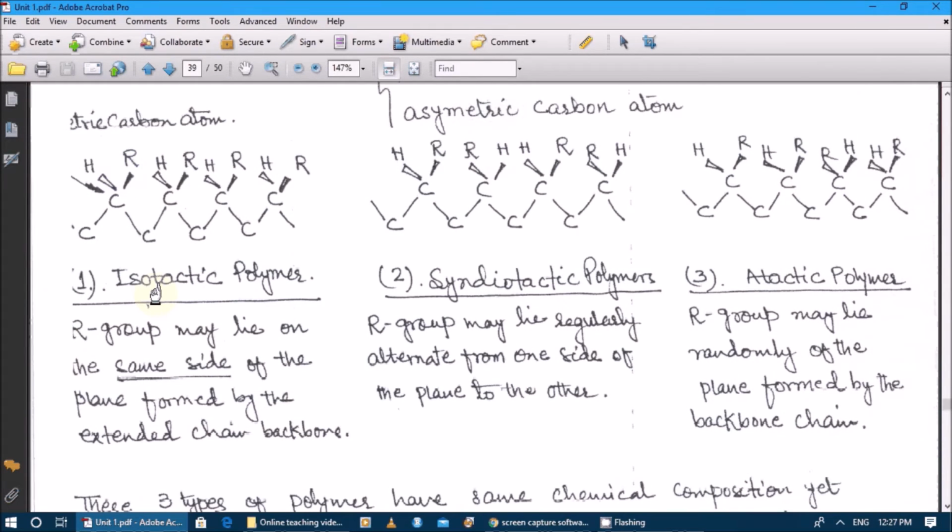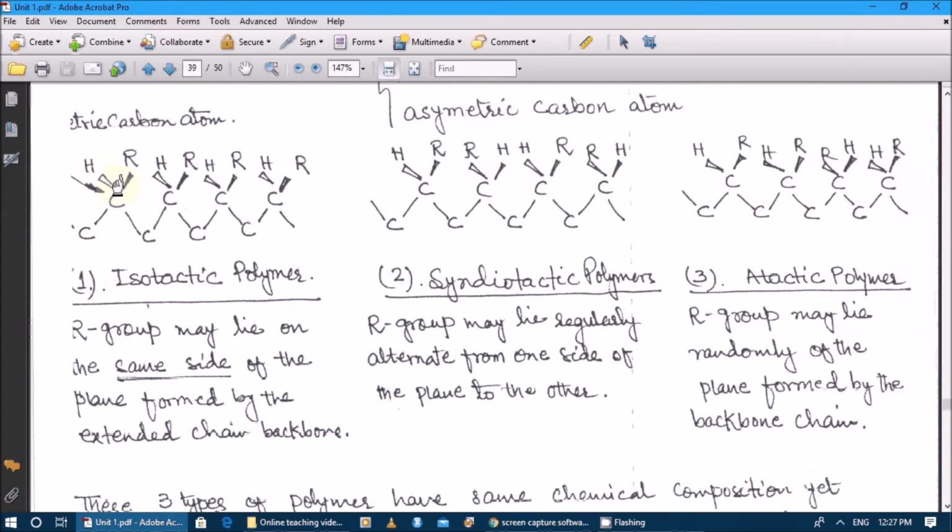In case of an isotactic polymer, all the asymmetric carbon atoms have one hydrogen and one functional group.